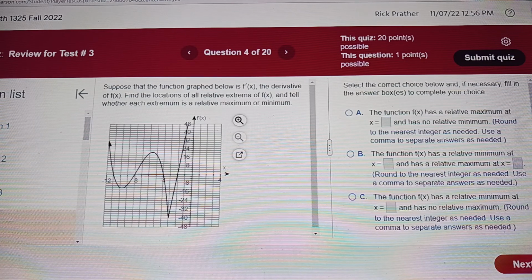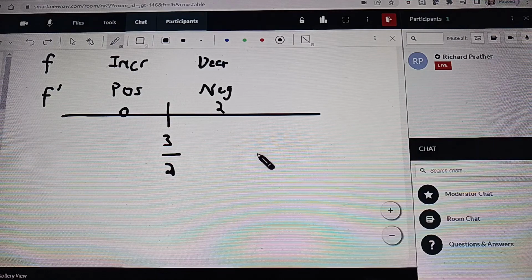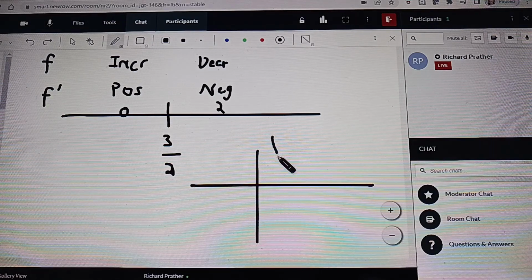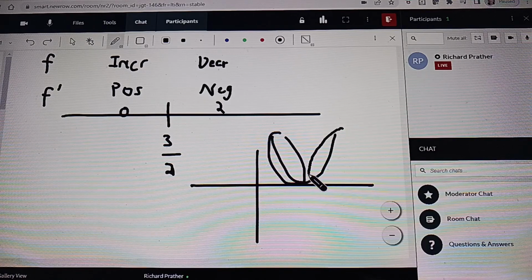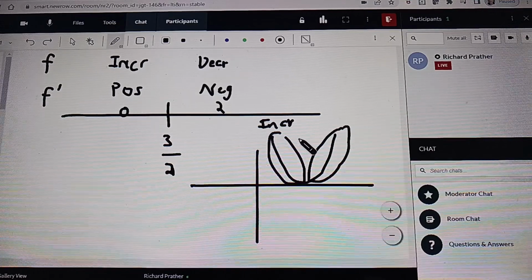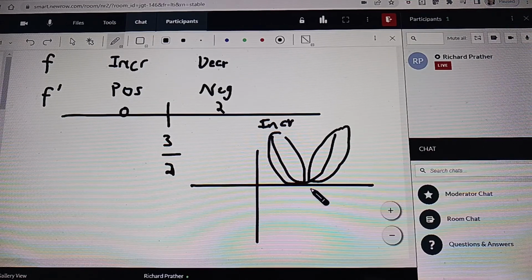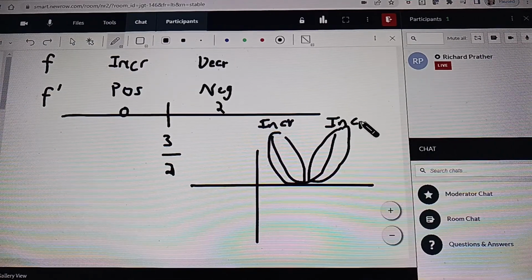If your derivative graph looked like a parabola, you'd be above the x-axis until you hit 0, but then above the x-axis on the other side. That means you're increasing in the original function, and then you hit that spot where the derivative is 0, but you're increasing after it, so that's not a relative max or min.